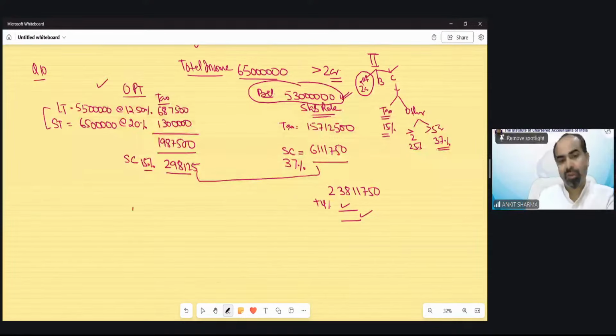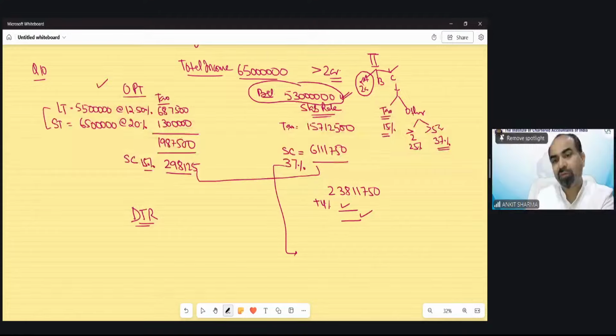This is for the optional tax regime. If you want to solve this as per the default tax regime, everything would be the same, but the surcharge rate would be only 25%, because under the default tax regime, even if income exceeds 5 crore, if it exceeds 2 crore, the surcharge rate would remain 25%. The solution is in your book illustrations. These test question solutions have been given, and you can check your solution after solving the question.